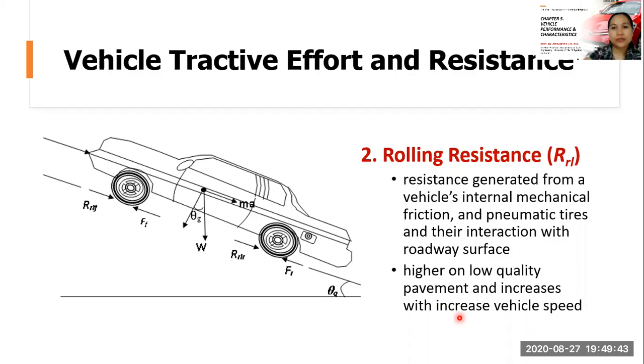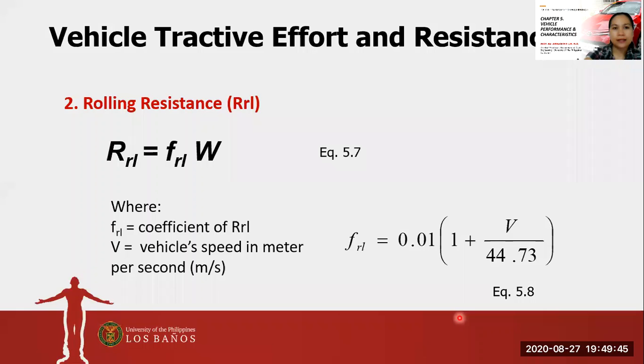Now, how do we determine the rolling resistance? We have this formula here, which is the product of the coefficient of rolling resistance, RRL, times the weight of the vehicle.